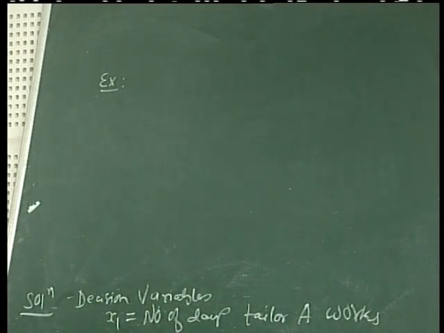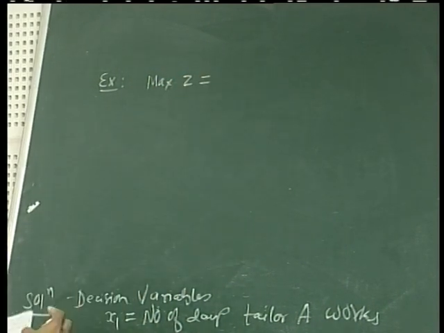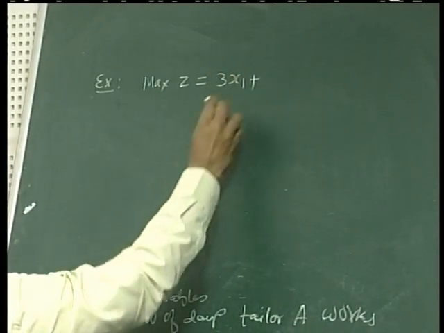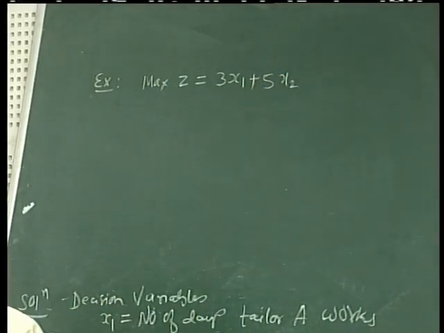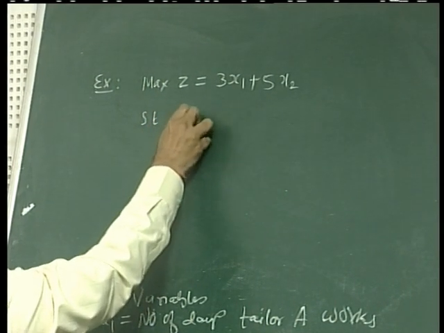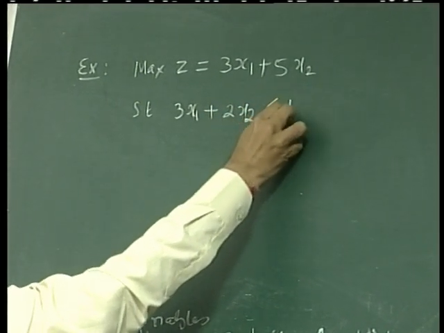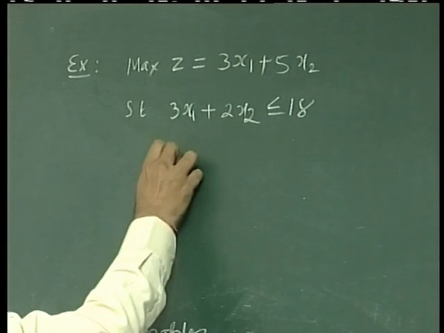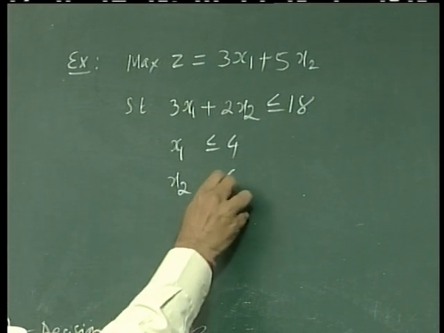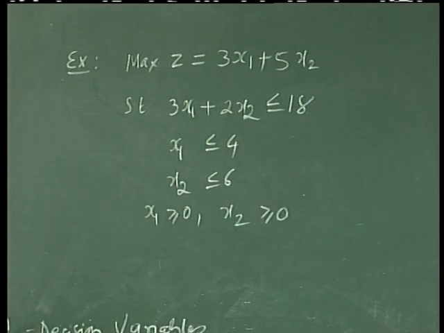Suppose, so this was for minimization, we can consider this: maximize z equal to 3x1 plus 5x2, such that 3x1 plus 2x2 less or equal to 18, x1 less or equal to 4, x2 less or equal to 6, x1 greater or equal to 0, x2 greater or equal to 0.